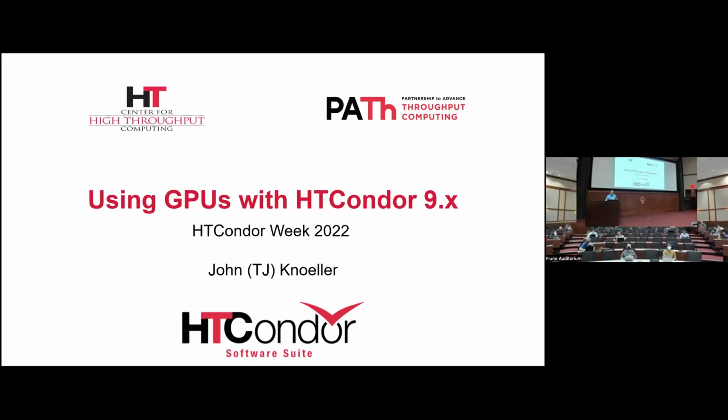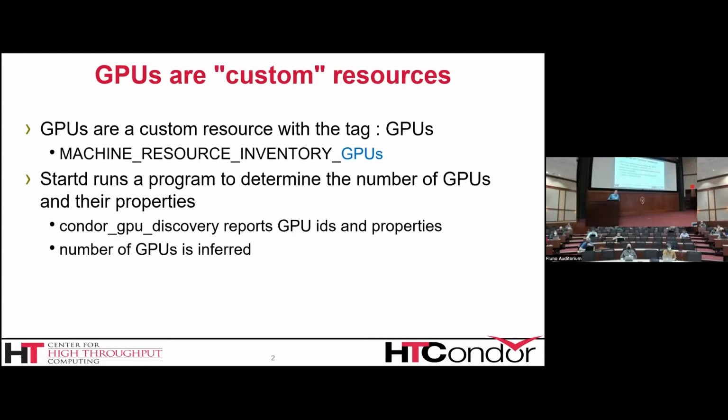When we decided to add GPUs to Condor, we did this by adding what we call custom resources. All execute nodes are going to have CPUs and memory and disk and are going to need to allocate portions of that to the job. But not all execute nodes are going to have GPUs.